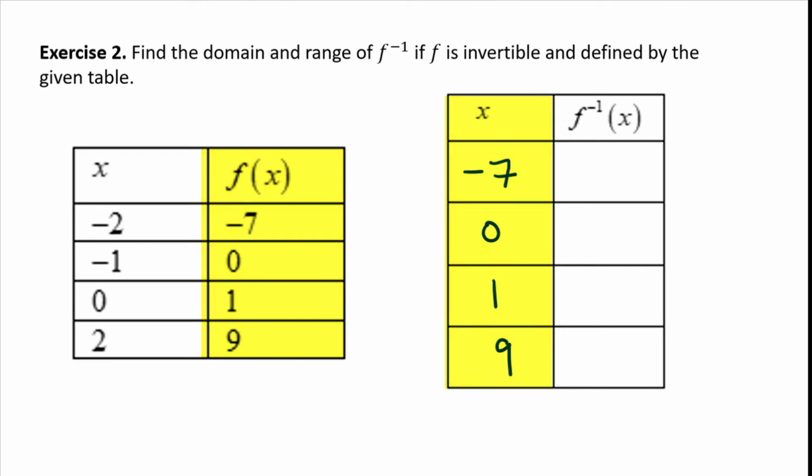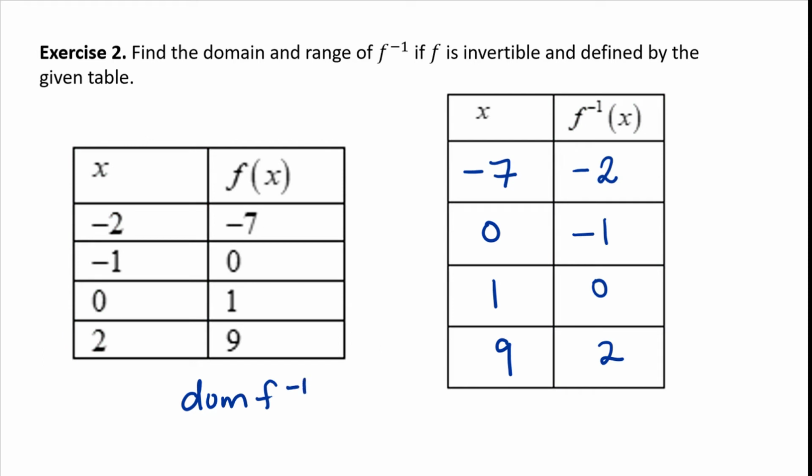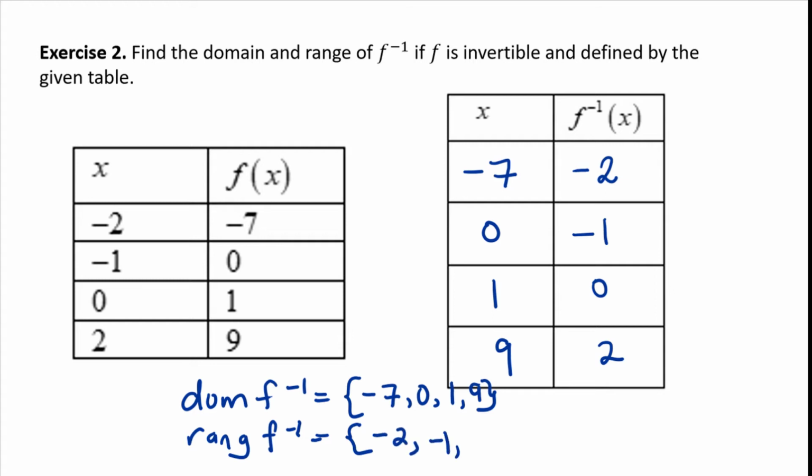And for the f inverse of x, those will be the x values, which are -2, -1, 0, and 2. So the domain of f inverse consists of -7, 0, 1, and 9, and the range of the inverse consists of -2, -1, 0, and 2.